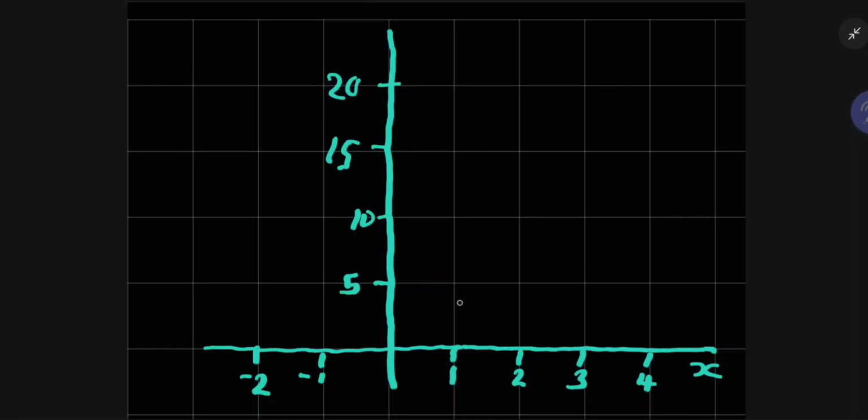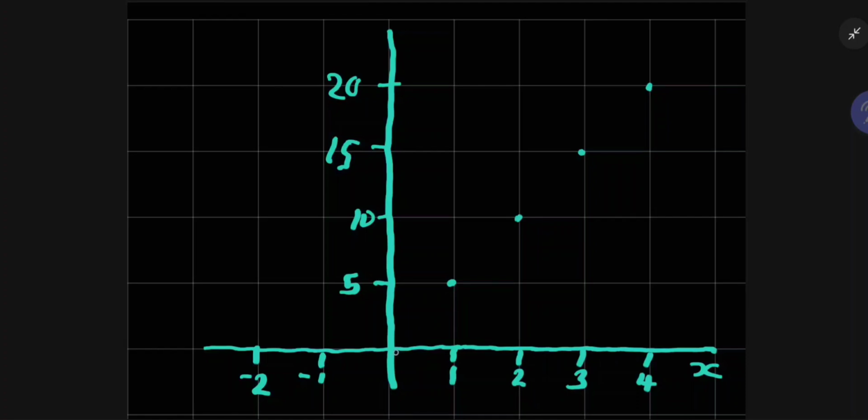So when x is 1, y or function of x is 5, and when x is 2, our y or function of x is 10, when x is 3, our y or function of x is 15, and when it's 4, our y, a function of x, is 20.